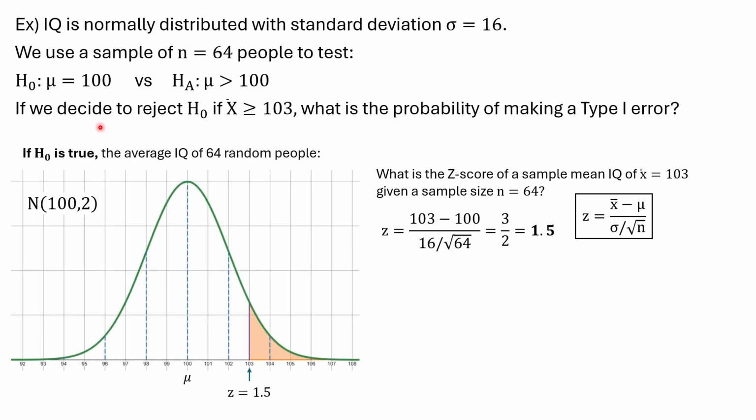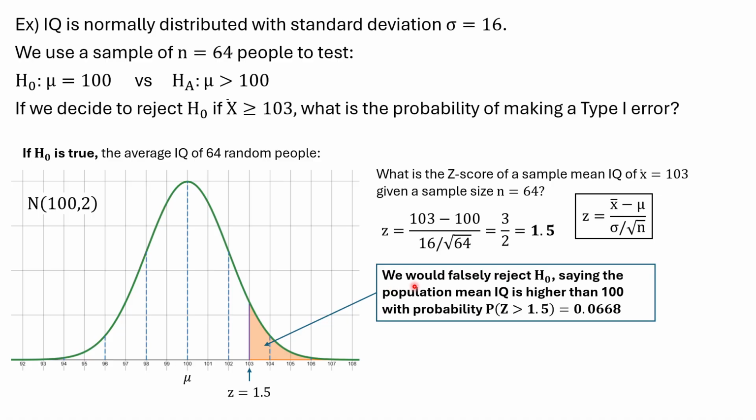If we decide to reject the null hypothesis if the sample mean is 103 or larger, the probability of making a type 1 error is this area in orange here, because given our sample size, our sigma, and our supposedly true population mean of 100, this area in orange would be reasonable sample means that are larger than 103.